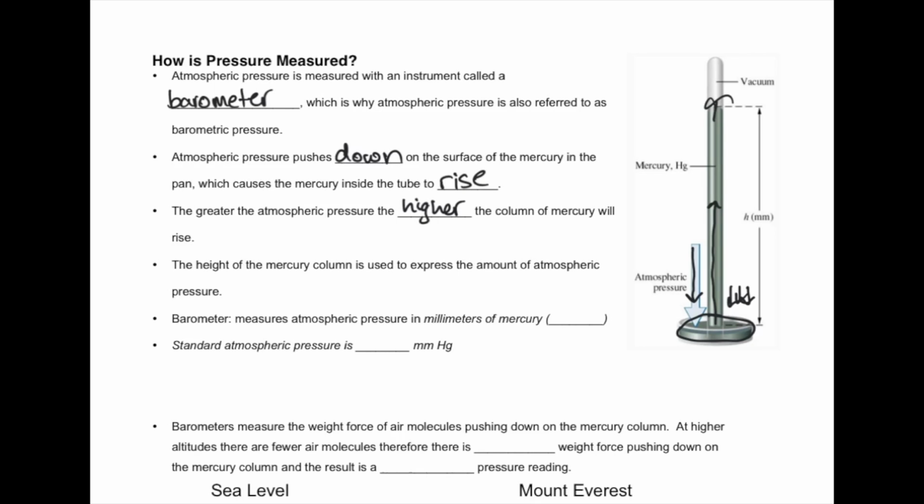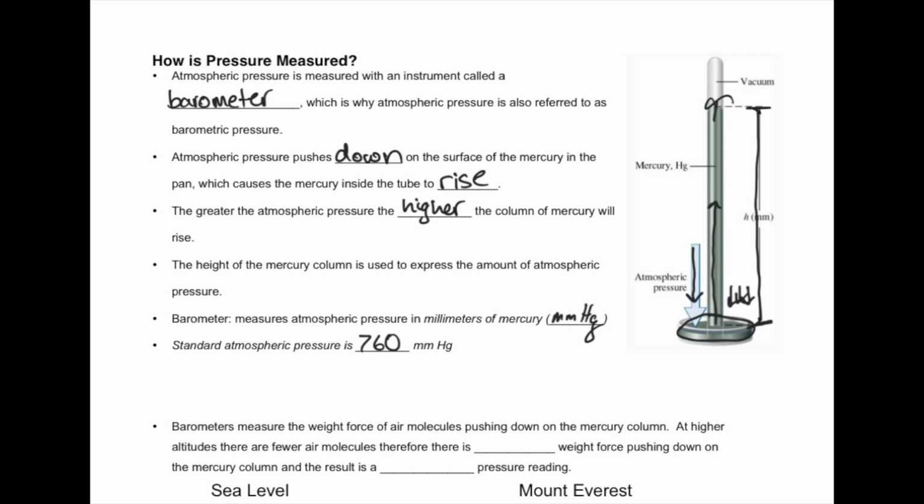The height of the mercury in millimeters is used to express the amount of atmospheric pressure, so the barometer measures atmospheric pressure in millimeters of mercury. We write that as mm Hg, where Hg is the symbol for mercury. Standard atmospheric pressure at sea level is 760 millimeters of mercury.